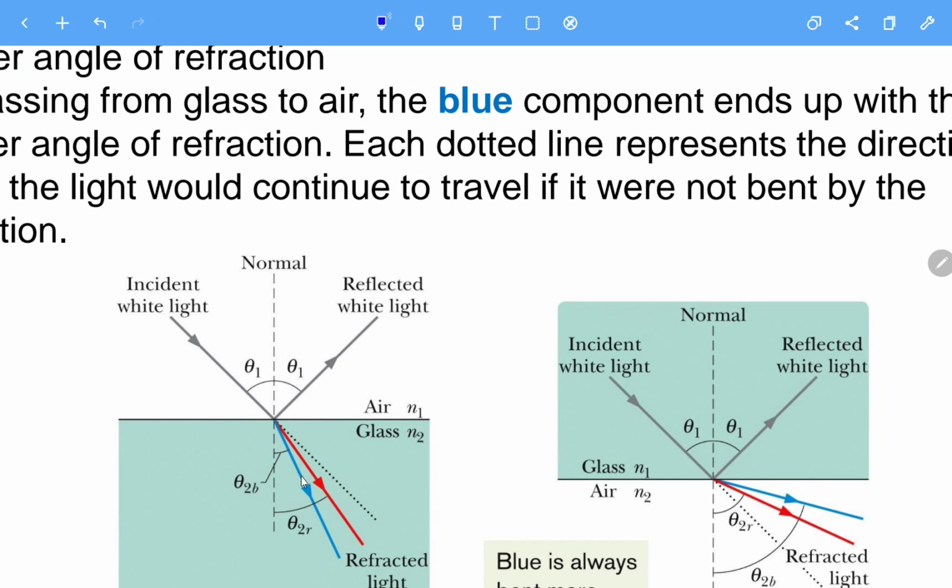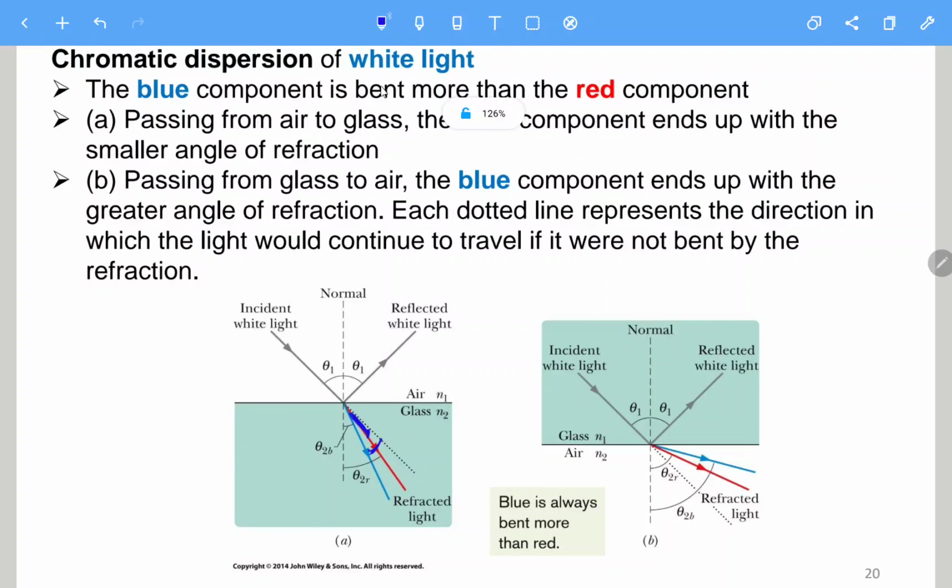But here we have glass, so there will be refraction. It tells you that the red light bends less. So this angle is smaller than this one, which means that the blue component bends more.